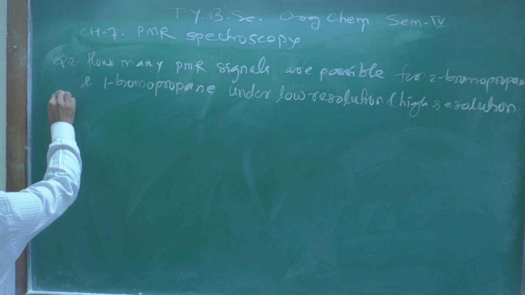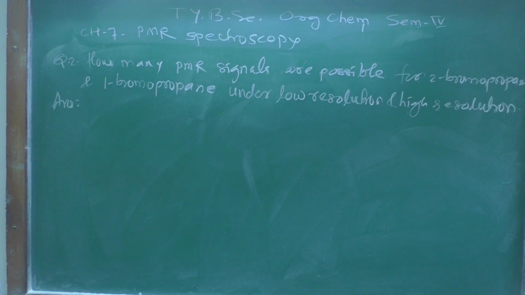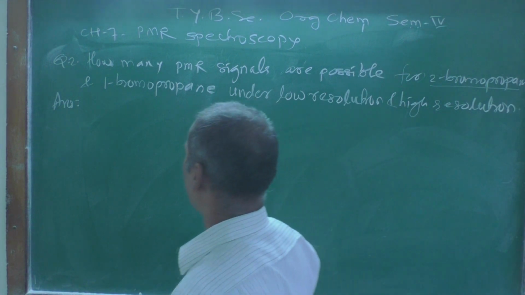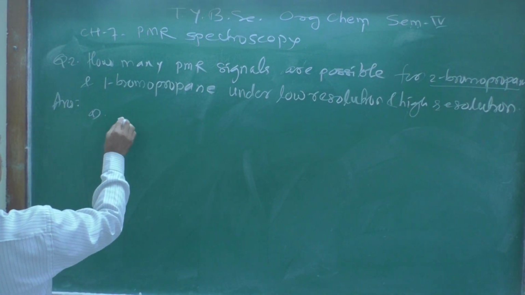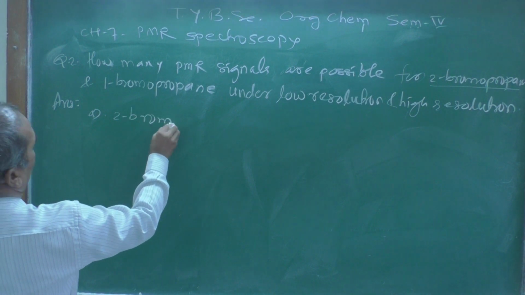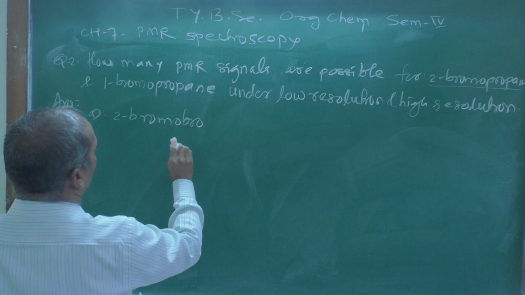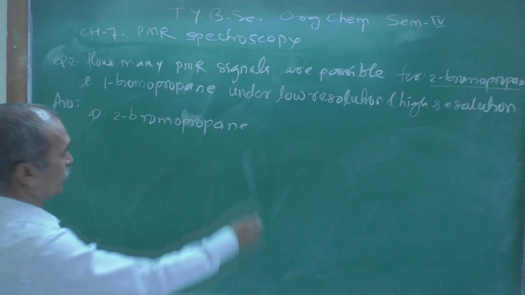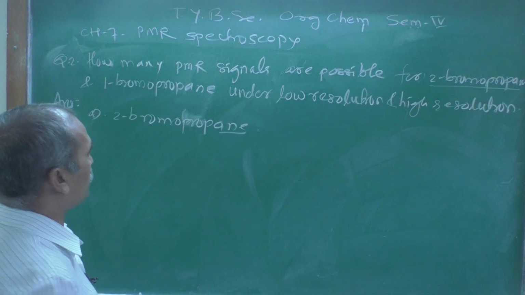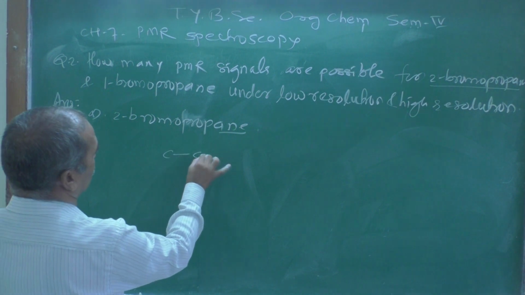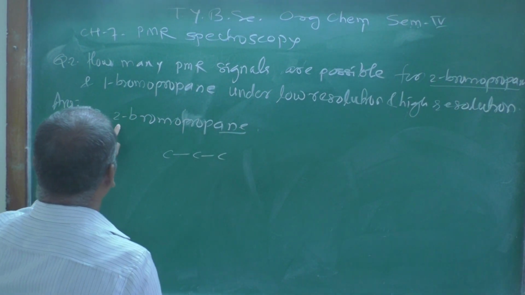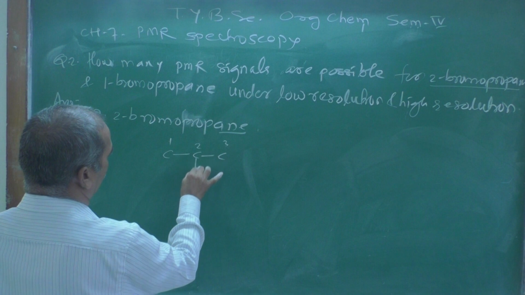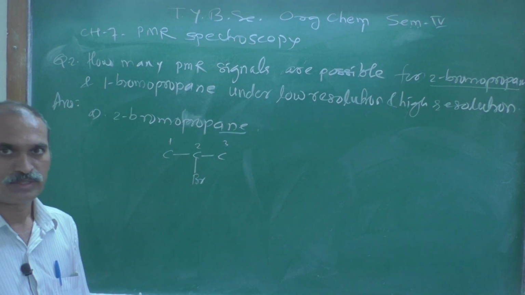While answering such questions, first of all you must know the structure of 2-bromopropane. Here, look, there is no double bond or triple bond. Prop indicates 3 carbon atoms in a straight chain, and at the 2 position, suppose 1, 2, 3, you can join the bromine atom.